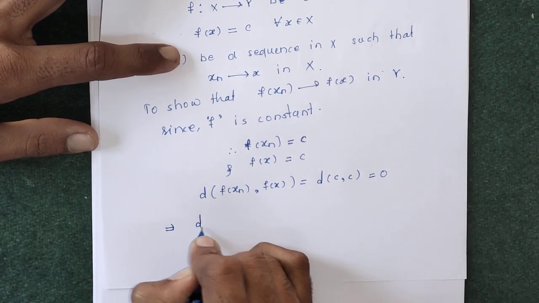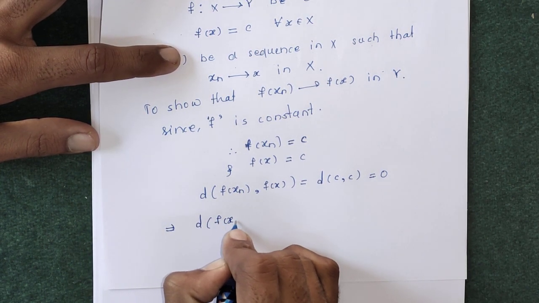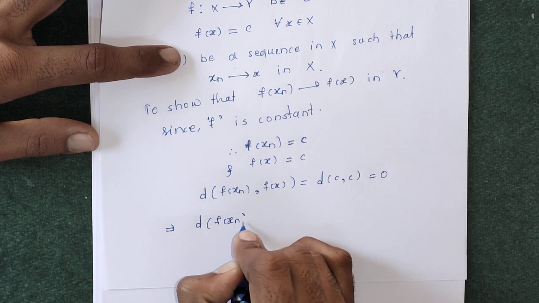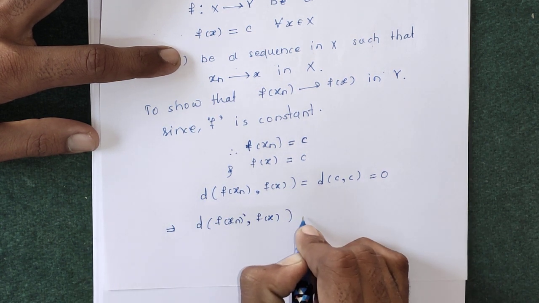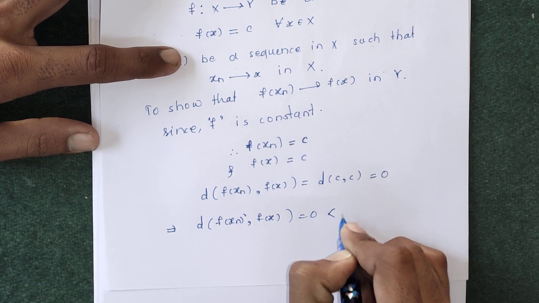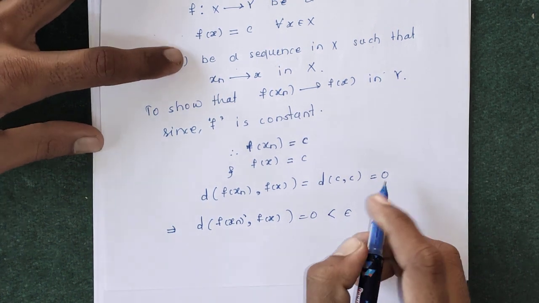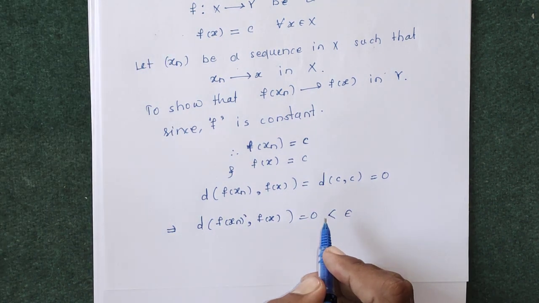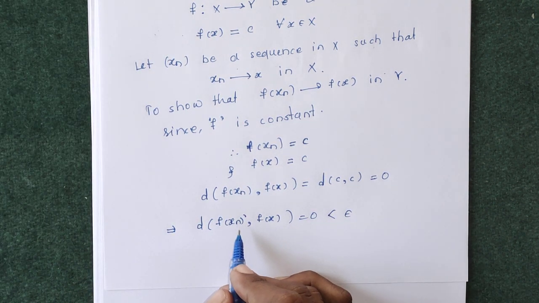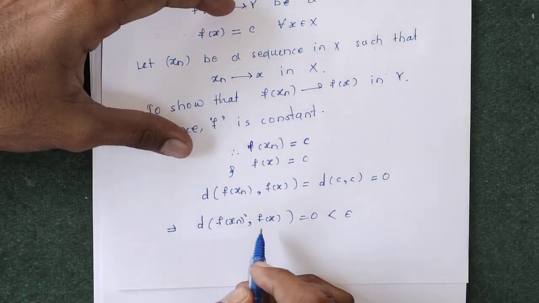This implies that the distance between f of xn and f of x is equal to 0, which is less than any positive epsilon. For every positive epsilon, this distance is less than that epsilon. Therefore we can say that f of xn converges to f of x.